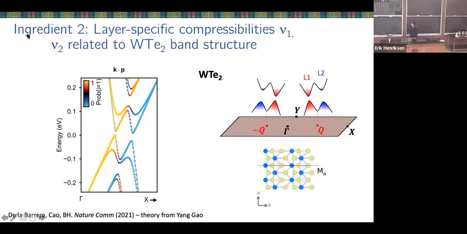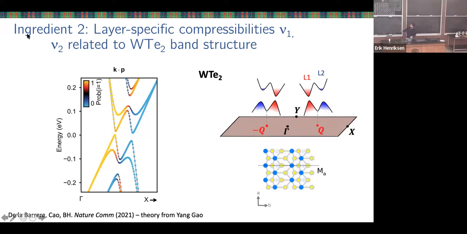Certainly you get spin and valley textures in the quantum Hall regime in graphene, but there the bands have become very flat, right? And so the interactions have become important. As you pointed out, it's for a very different reason. Here it's basically due to spin orbit coupling.